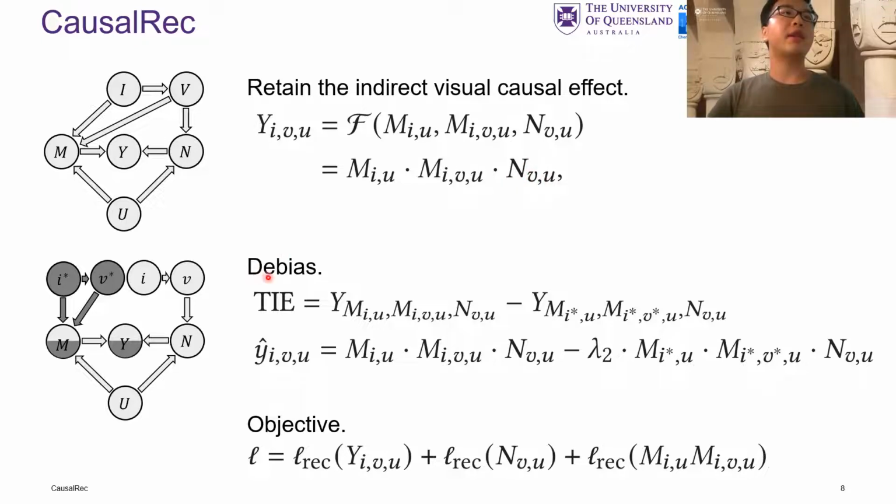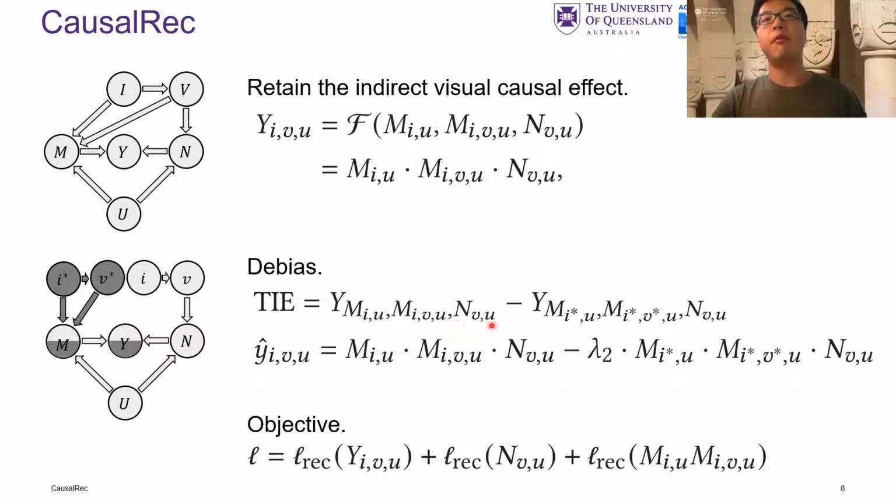So for debiasing, we still do the intervention of node I, and when we divide the node I into two parts, the original item is still used to calculate the visual noise for the final preference prediction. And then we want to subtract between these two graphs. This is how we do the total indirect effect to calculate how much visual feature we want to use in the preference matching term on the left part here.